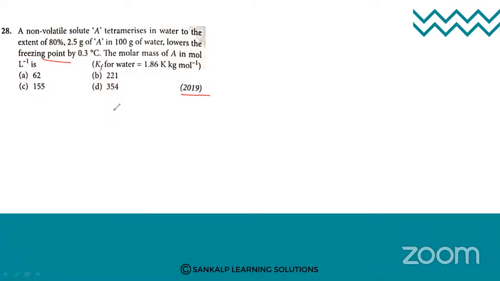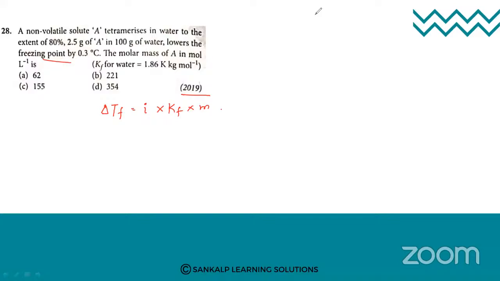We need to find the I value. So delta TF is equal to I into KF into M, right? Here, see what all things are given. Note down that first, and then you start solving this problem.